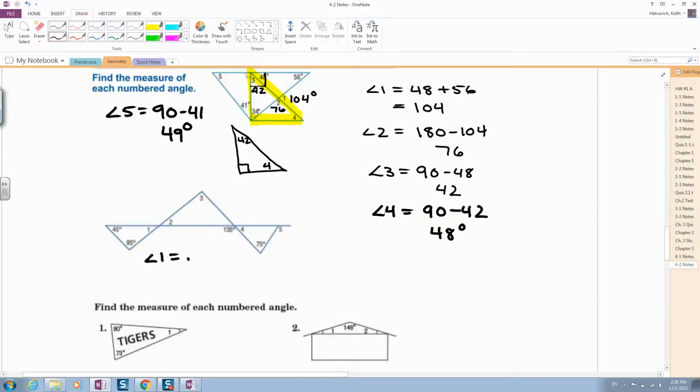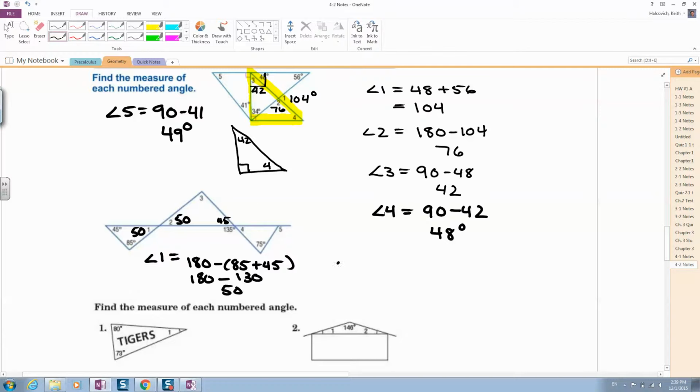All right, let's look at this last one here. Angle 1 is equal to 180 minus (85 plus 45), because it's a triangle. So 180 minus 130, so it's equal to 50, which means angle 2 is 50 because they're vertical. And then here, you know that they're supplementary, so this is 45 degrees.